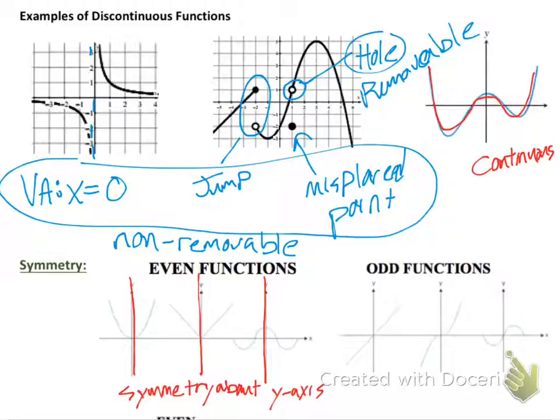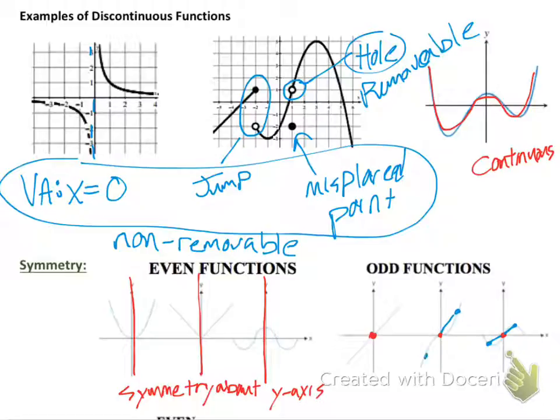Odd functions, there's that cubic function that I pointed out yesterday. Remember the symmetry? There's that cubic right there. The symmetry about the origin I was telling you about. That means any point that you take on one side of the origin, the distance and trajectory back to the origin, if you mimic it the other way, will land on its mirror point. So it really is like the center 0, 0 is a little reflecting point.